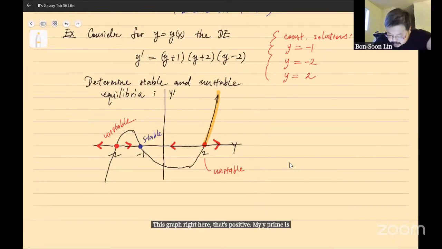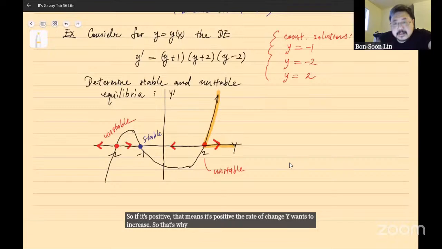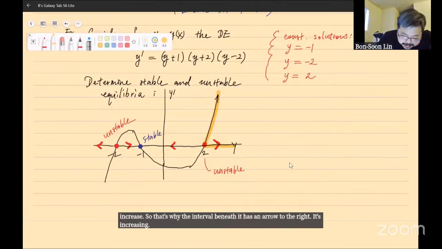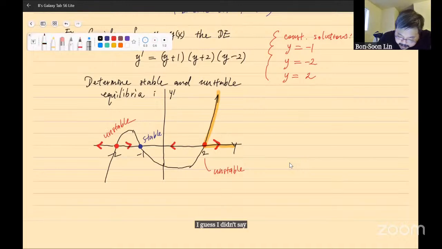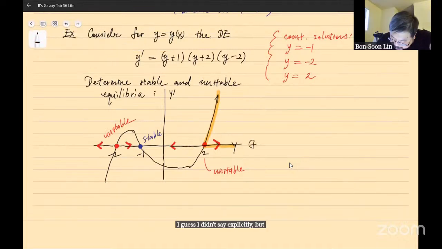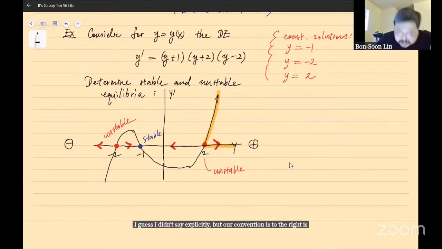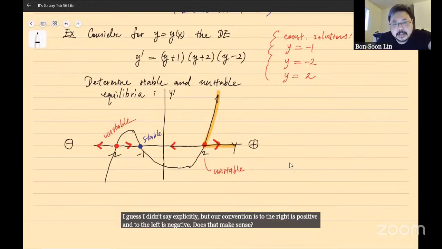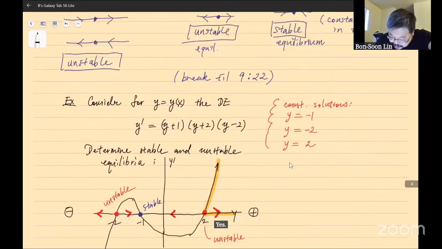If it's positive, that means y wants to increase, so the interval beneath it has an arrow to the right. I guess I didn't say explicitly, but our convention is to the right is positive and to the left is negative. Sorry, I should have mentioned that earlier.